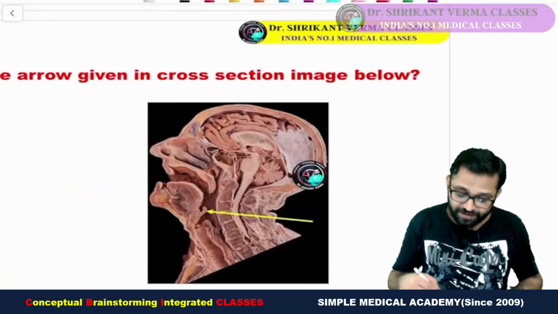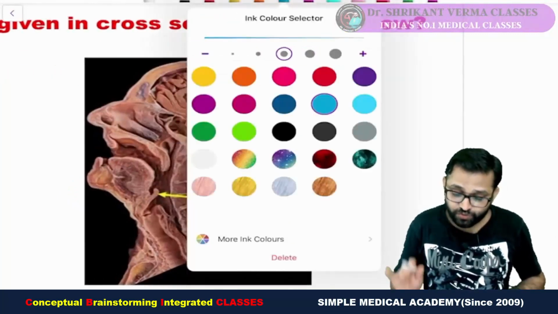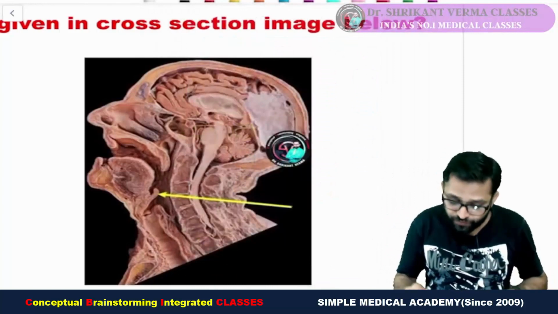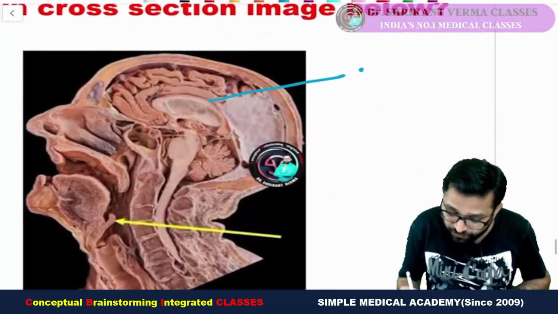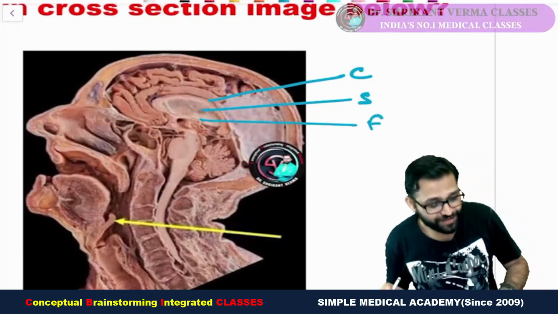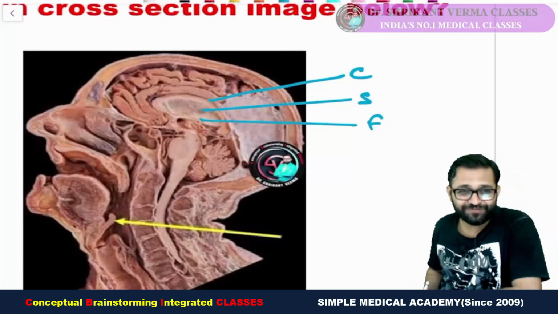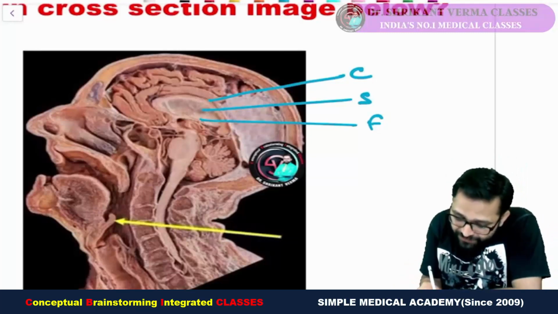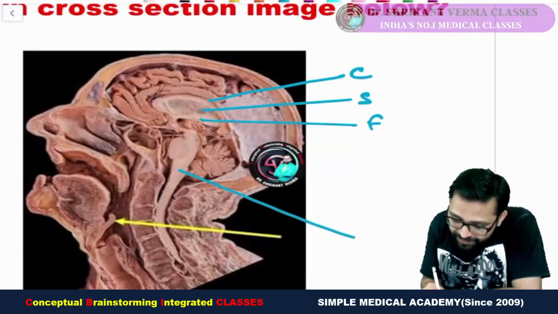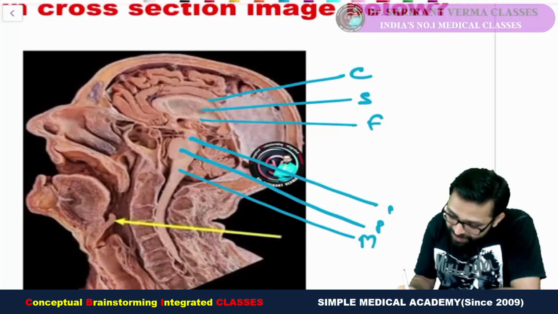Okay, and how to see the different structures? I'm just telling you one short view. I told you the way: CSF. Can you tell me what is the CSF? This is one mnemonic, one concept. Then I told you to identify our 3 structures: MPM.